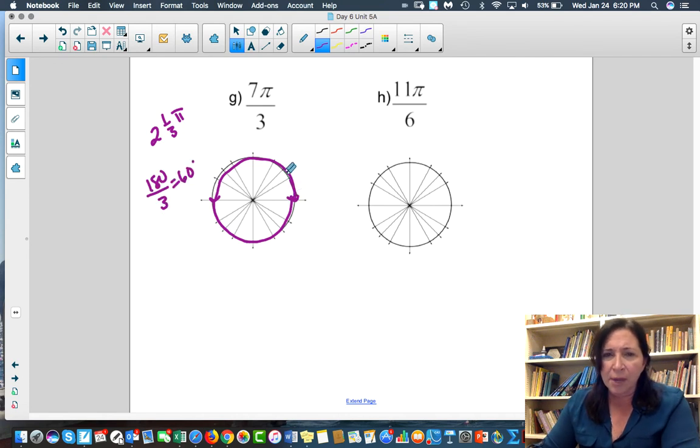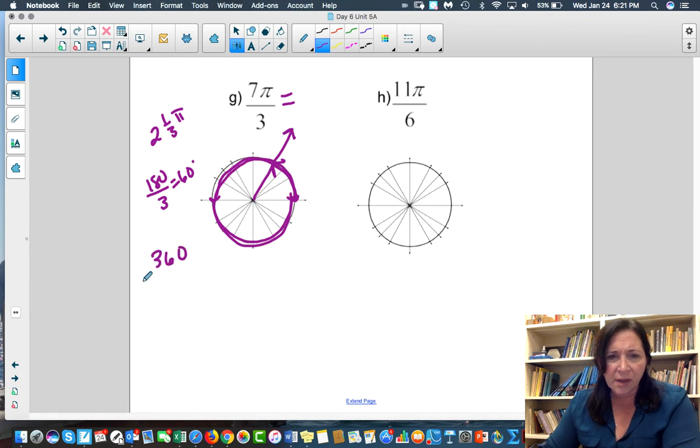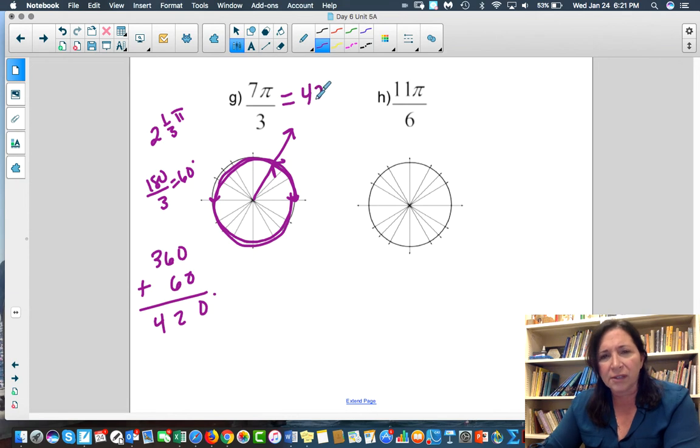So that means we went around 1, 2, and then a third. Well, a third of the way up is right here at 60 degrees. So this is where we're at, okay? And another way of writing that is 2 being 360 degrees plus 60 degrees, which is 420 degrees. So that's equivalent to 420 degrees.